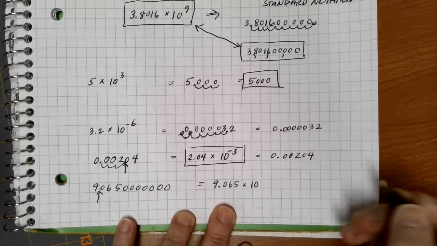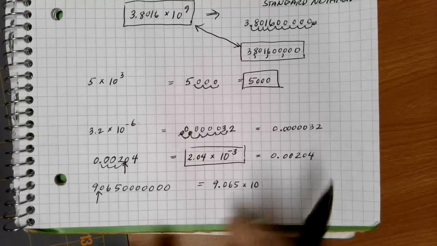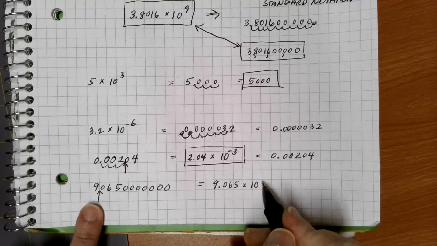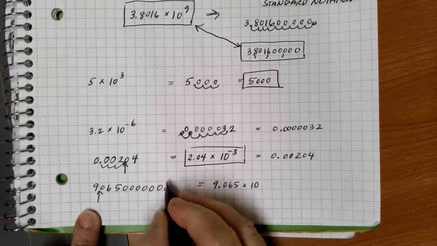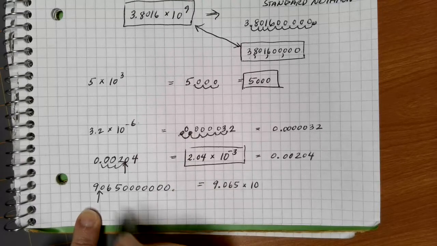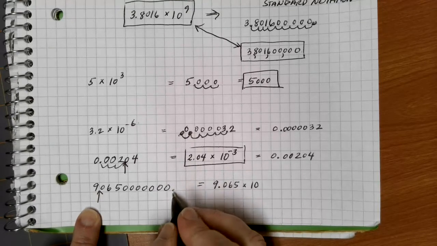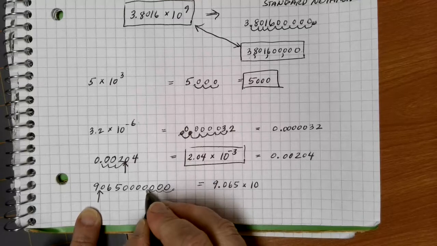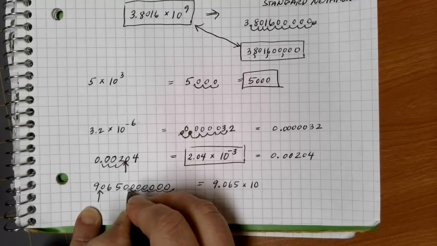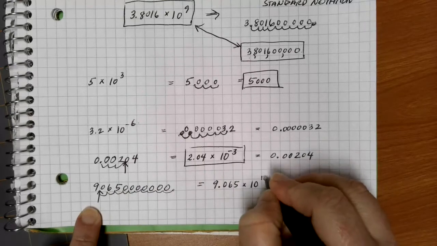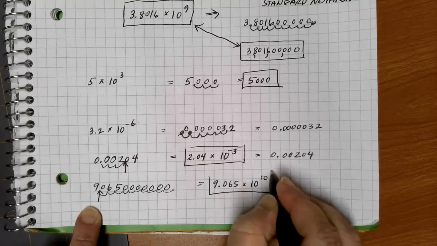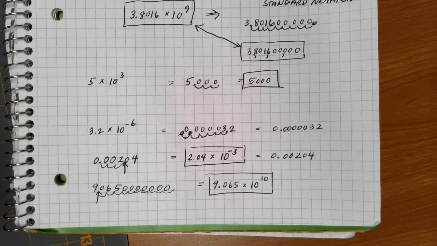Then I'm going to write times 10 to a power. This is a large number, so I'm going to be using a positive exponent, and I need to move my decimal point from where it exists now at the very end all the way to this spot right here. So I'm going to move it 1, 2, 3, 4, 5, 6, 7, 8, 9, 10 places. So in this case, that number correlates with 9.065 times 10 to the 10th power.